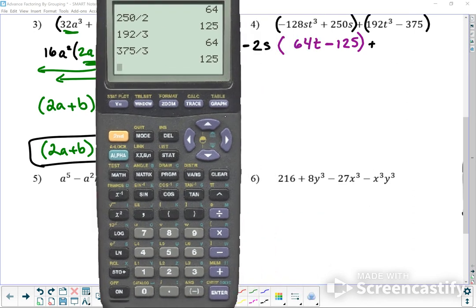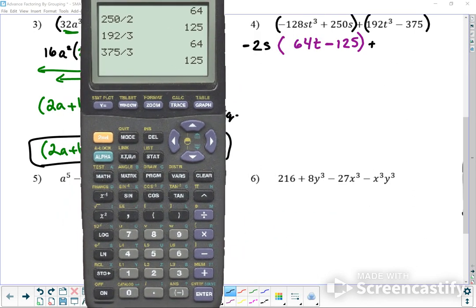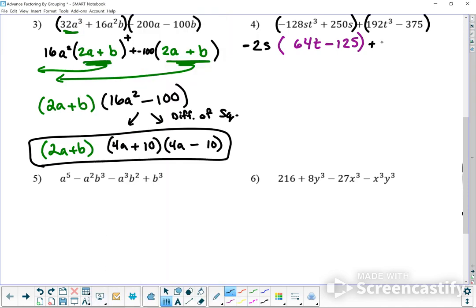Which actually matches with what we just did. Okay, so if I divided 3 out of it, okay, so 3 into 192 is actually 64, and actually that matches. And then 3, or don't forget my to the third, 3 into 375 is going to give me negative 125.